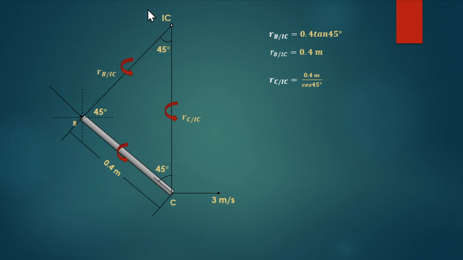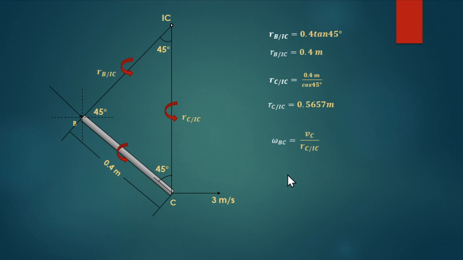This side is the hypotenuse of this right triangle. So cosine 45 is equal to 0.4 meter over RCIC, or RCIC is equal to 0.4 meter over cosine 45. So RCIC is 0.5657 meter.